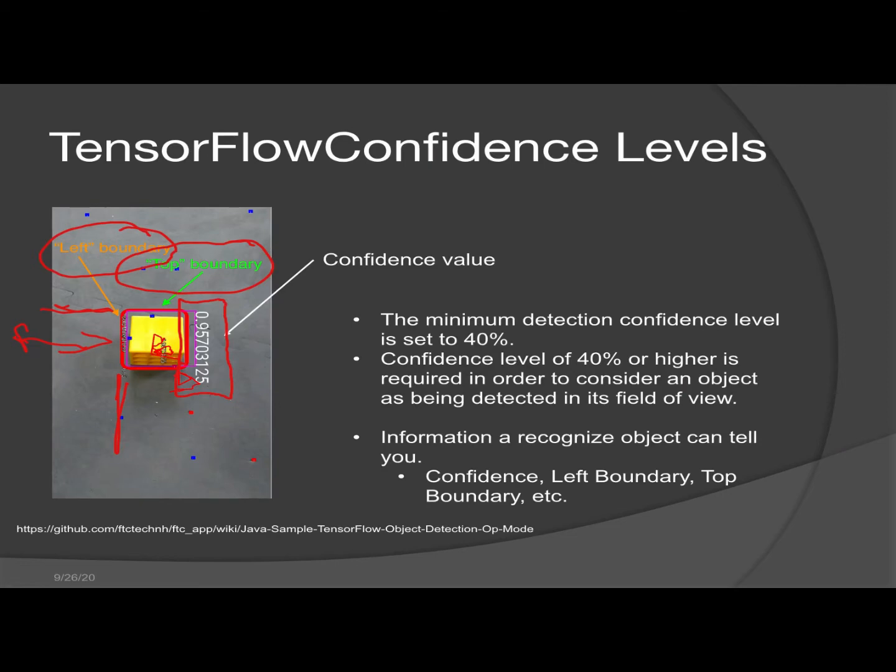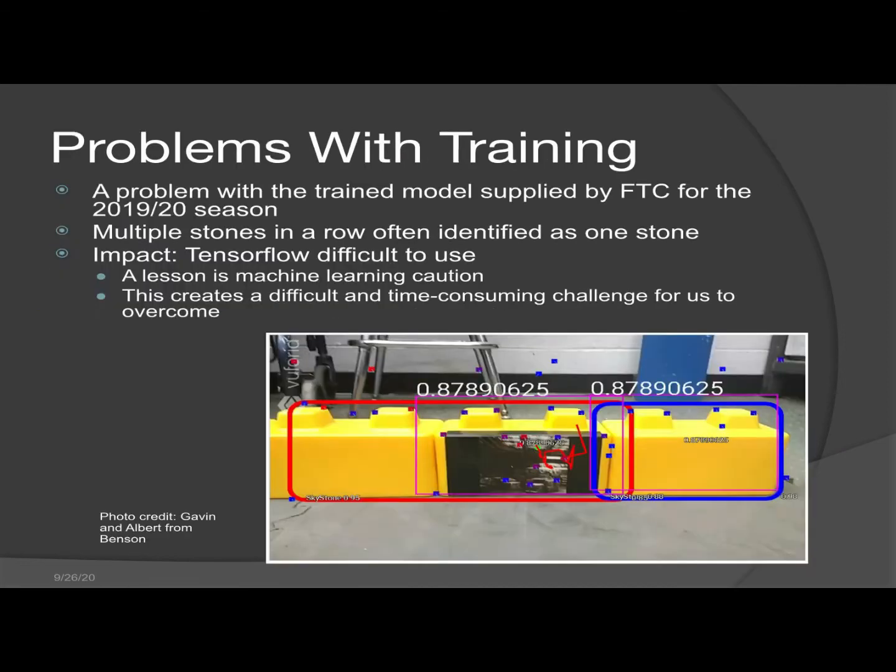Let's take a look at confidence. We know that there was a problem with the Skystone challenge from the previous year. And that problem was that if you placed stones next to each other, like we have over here, it would recognize some of those stones, double stones, as a single stone.